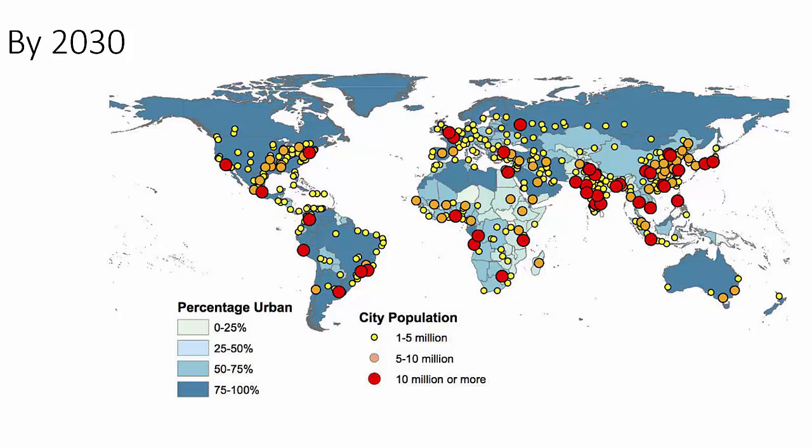And the red circles are individual cities with 10 million people or more in them. So as we're thinking about mega cities, how do they make a difference in people's health? And what are those systems that need to be in place to take care of people, either preventing disease or helping people recover from disease?